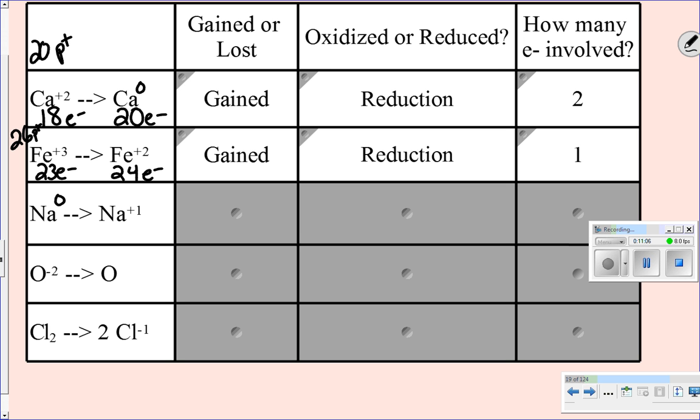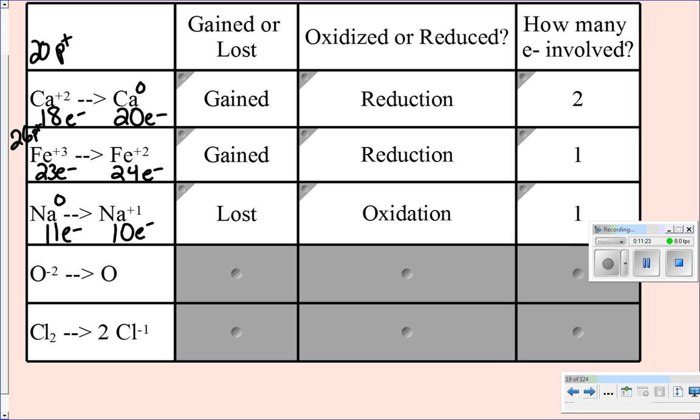Neutral sodium, up on the periodic table, has 11 protons and 11 electrons. If it becomes a sodium +1 ion, it does so by losing an electron and only having 10 electrons. When an electron is lost, we call that oxidation, and this involves 1 mole of electrons. Oxygen is a slightly different example because we're dealing with an anion here.